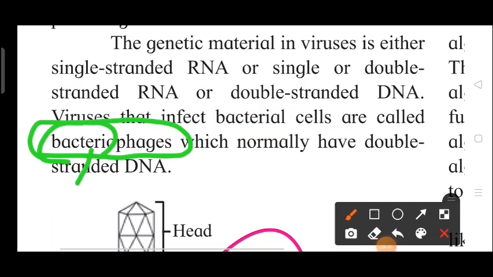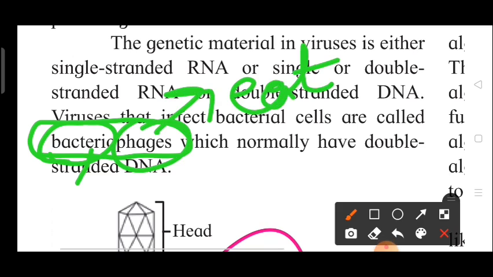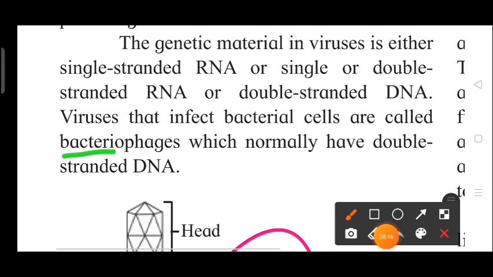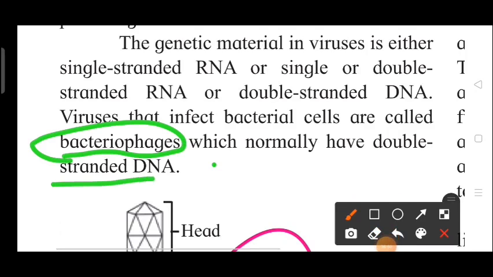Here bacteria, and phage means to eat, like the phagocytosis process, which means to eat something. So the viruses which eat bacteria are called bacteriophages, which normally have double stranded DNA.